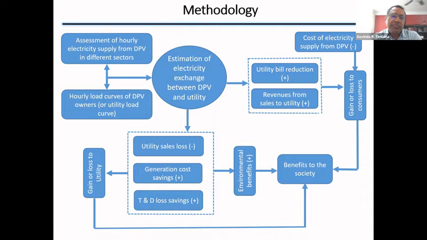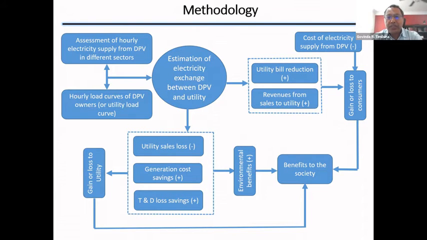It's not necessarily different by sector, because the hourly supply is the same for any sector depending on the size of the DPV. Then we compare this hourly supply profile with the hourly load and also the hourly load of the utilities. This comparison will show how much electricity produced from the DPV can be used by the DPV owners and how much will be sold to the grid.